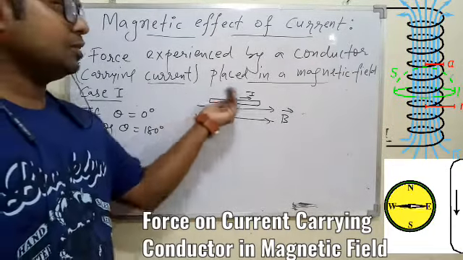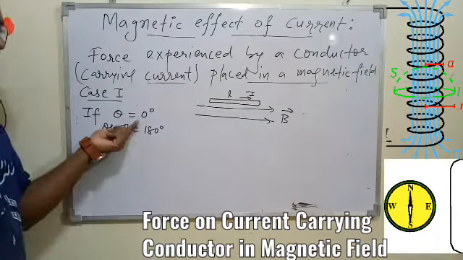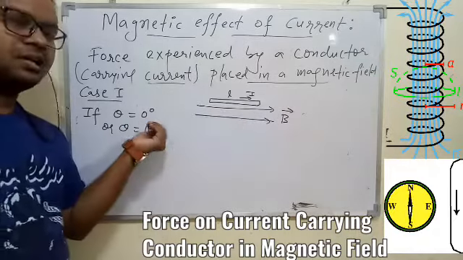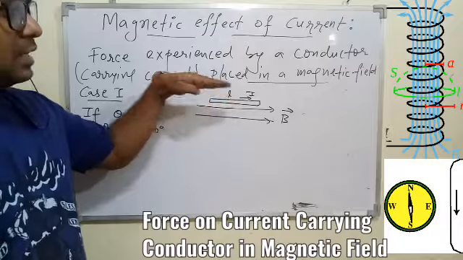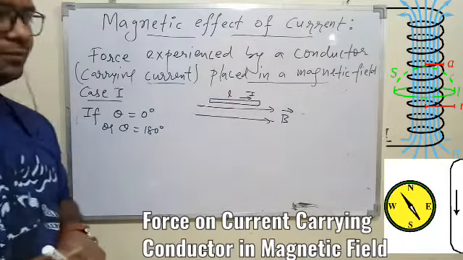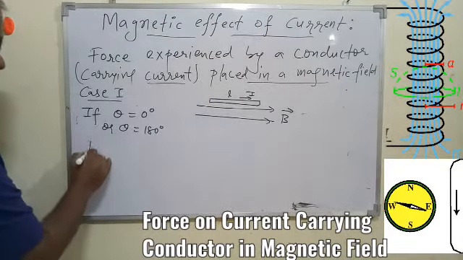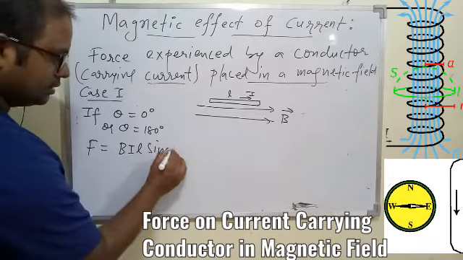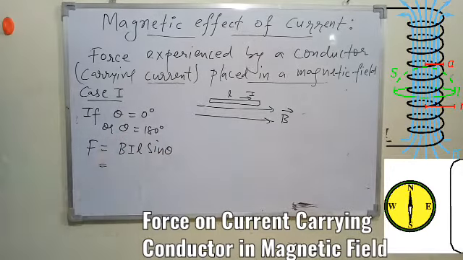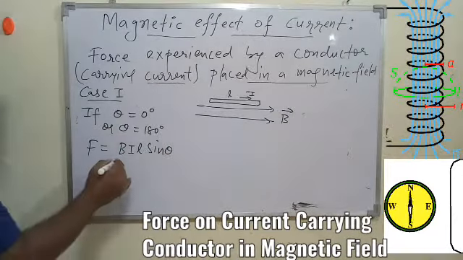So if the current is flowing in this direction, we can say theta is 0 degree. If the current will flow in the opposite direction, we can say theta is 180 degree. Means overall the conductor is parallel to the magnetic field. So it is understood, F will be BIL sine theta, and we know sine 0 degree and sine 180 degree are both 0.